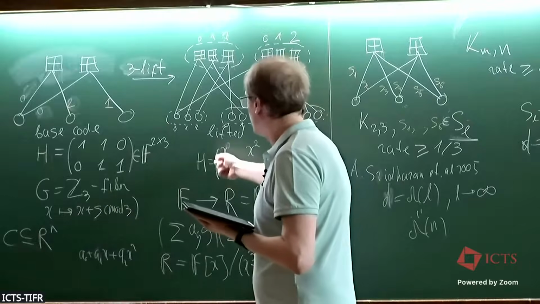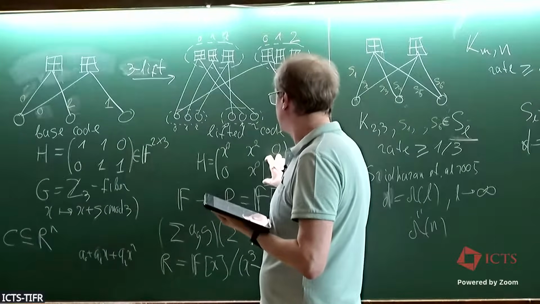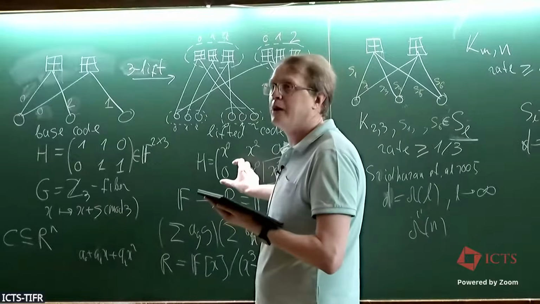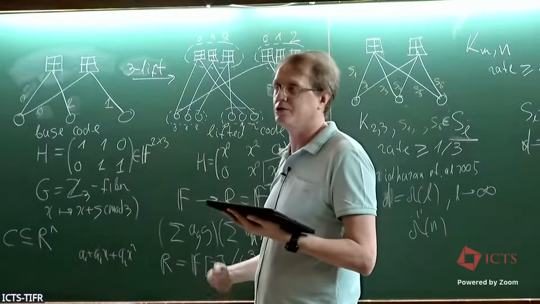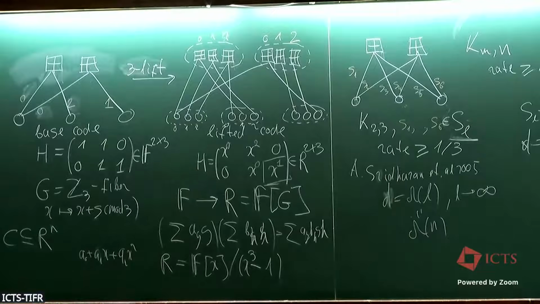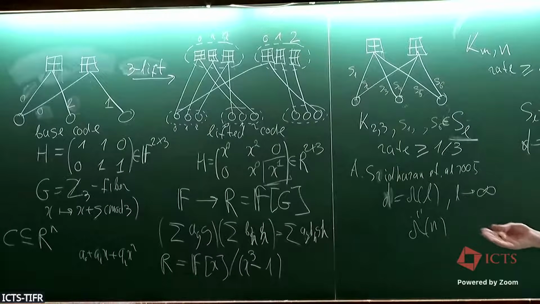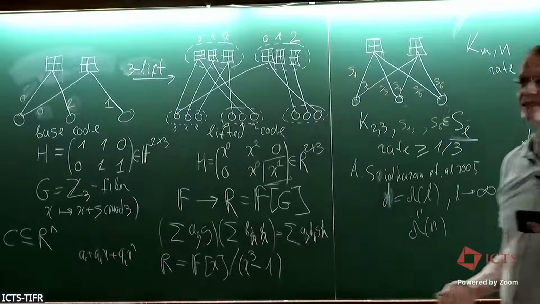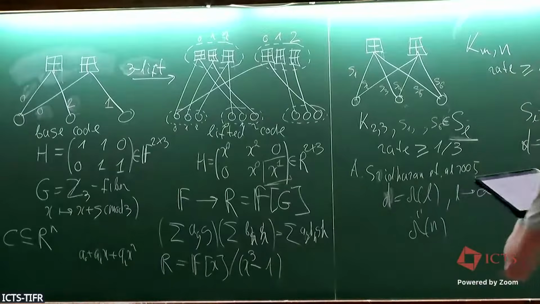If you want the binary representation of this large code, then each element is replaced by an L block, and all these blocks, as you said, commute with each other, and this is exactly the reason for this. But you would expect that maybe this distance would be linear, or still quite large.